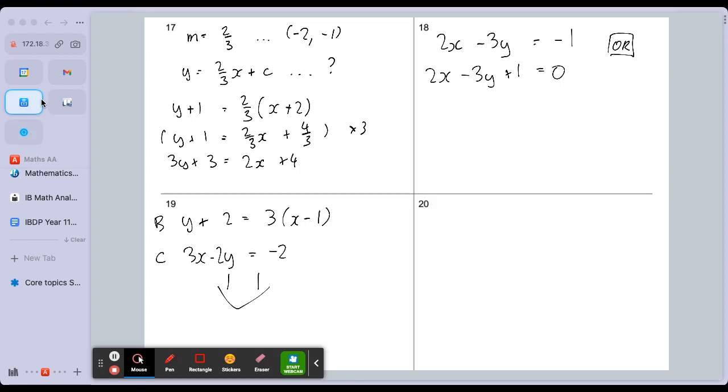Because if I add 2y to both sides and add 2 to both sides, I can get this, but that's not in gradient intercept form, right? The gradient intercept form says y is equal to something, not 2y equals something. So I'd have to divide through by 2 to get 3 halves x minus 2, well, minus 1. Okay, so that's two things to be careful of.